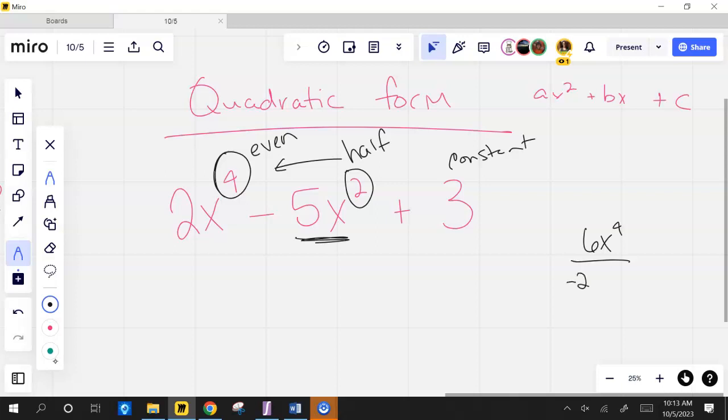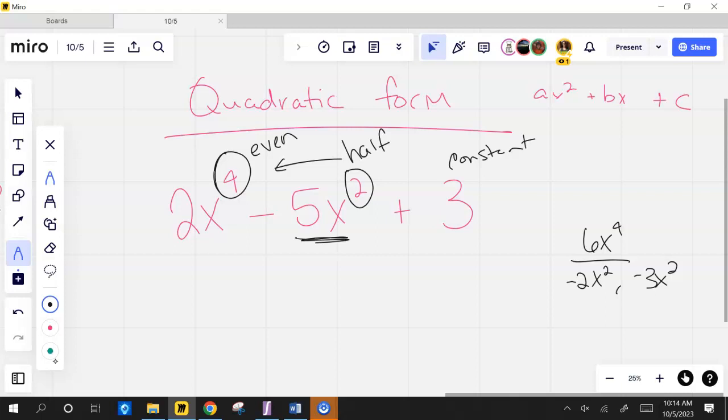Negative 2, but you've got to have the variables on here. 2x squared and negative 3x squared. Do they add to what's in the middle? Yes, because they're like terms. If you multiply them together, do you get 6x to the 4th? Yes, because when you multiply the same base, what do you do with the exponent? Add them, right? And 2 plus 2 is 4. Everybody see where those two terms came from?